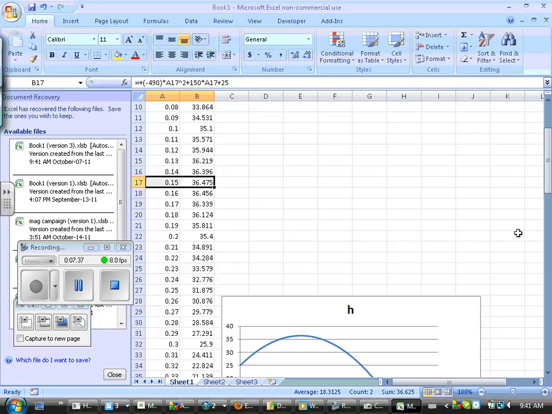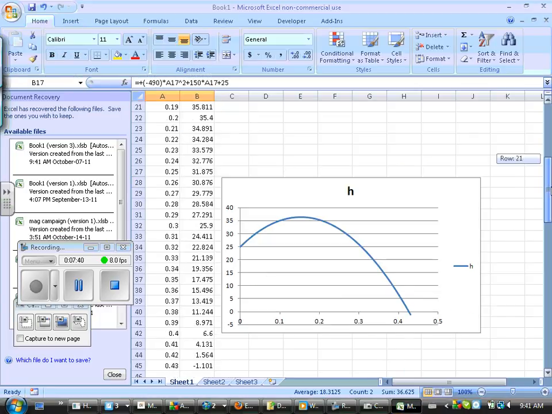Okay, when does the frog hit the surface of the water? Well, that's when it's going to come down again to a height of 0. And again, we're just looking for it to the nearest tenth of a second. So 0.4 is actually an acceptable answer here. You can tell by looking at our data here that it's about 0.43, but we don't have to worry about that. We can just say 0.4 because that's acceptable.